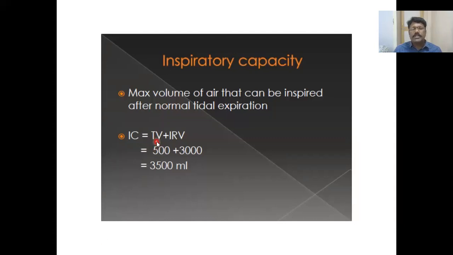Inspiratory capacity means a tidal volume, that is the normal breath, plus extra effort, that is IRV, the inspiratory reserve volume, and both combined together give the total inspiratory capacity of the lungs, that is called the IC. So IC refers to TV plus IRV.